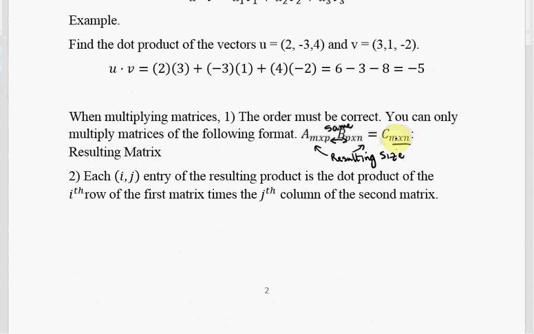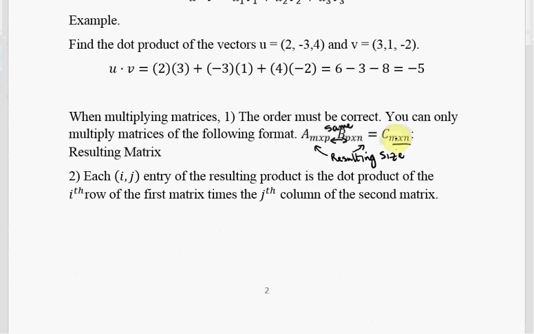If you think about it, for multiplying matrices, you have the first matrix and the second matrix. For the first matrix, you always deal with just the rows. It's the rows of the first matrix times the columns of the second matrix, dot product. So it's a row for matrix A times a column for matrix B, dot product for each entry.